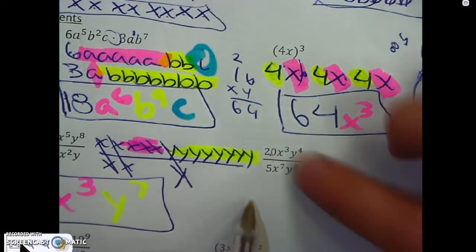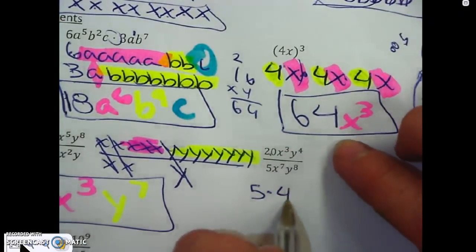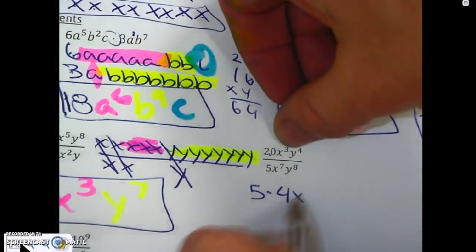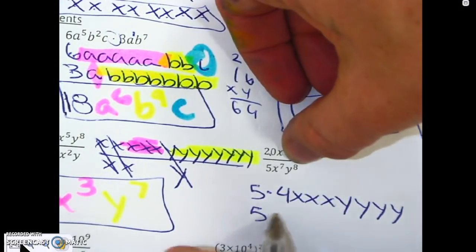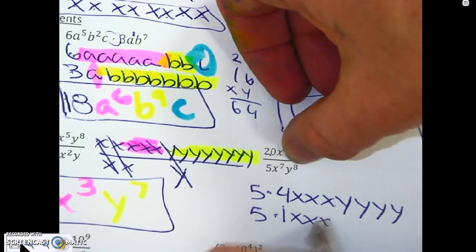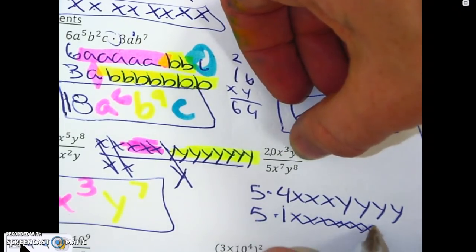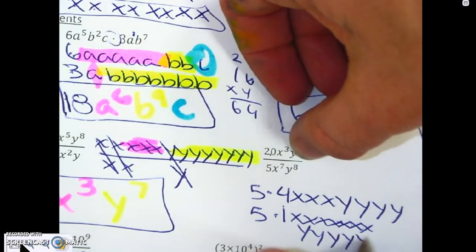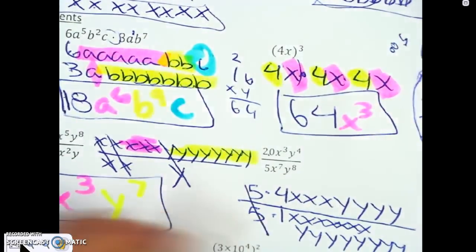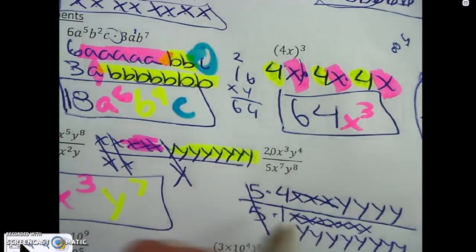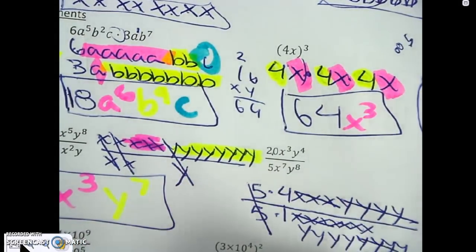I see 20. 20 is 5 times 4. X, x, x. Y, y, y, y. 5 times 1. 1, 2, 3, 4, 5, 6, 7. 1, 2, 3, 4, 5, 6, 7, 8. Line. Bye-bye. 1, 2, 3, 1, 2, 3, 1, 2, 3, 4, 1, 2, 3, 4.